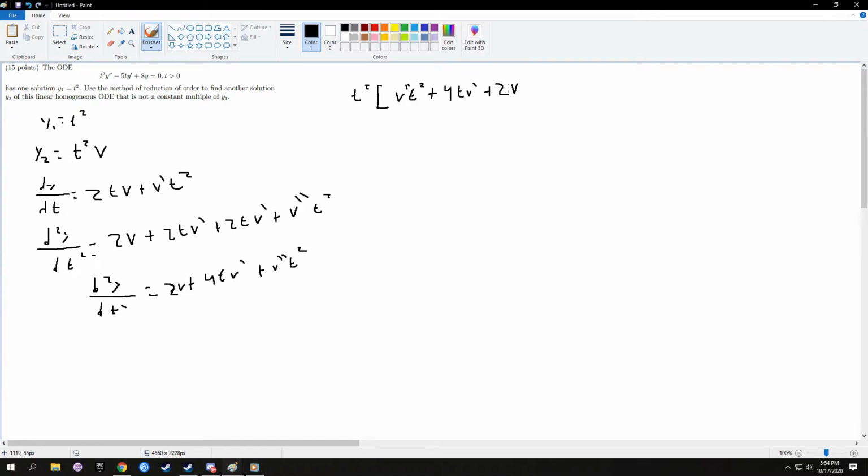Okay. Now I want to do a minus 5t, and this is being multiplied by the first derivative. My apologies for the bad handwriting, it's hard to write with a mouse sometimes.